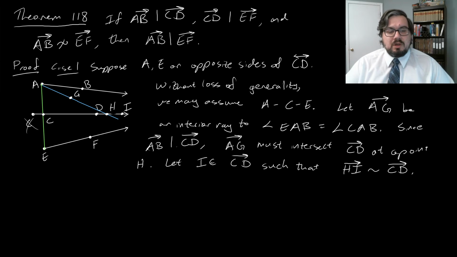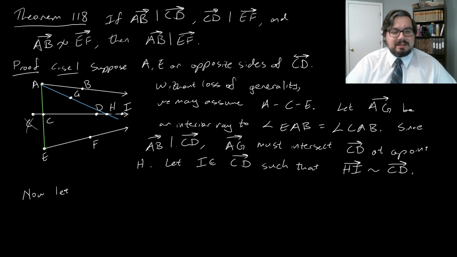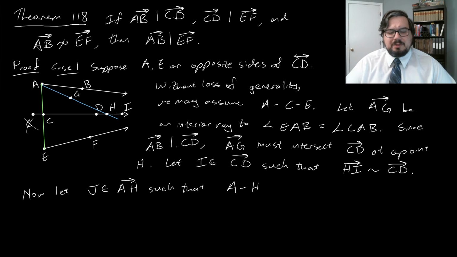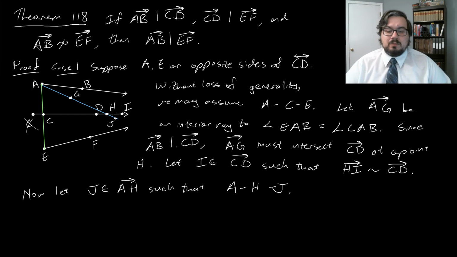So now let's let J be in the ray AH such that H is between A and J. So we're choosing a point J over here. Well, now we have that the ray HI is critically parallel to the ray EF.